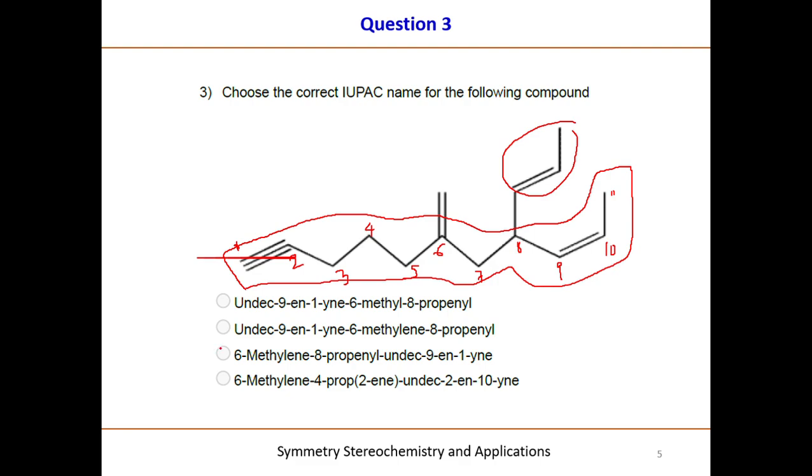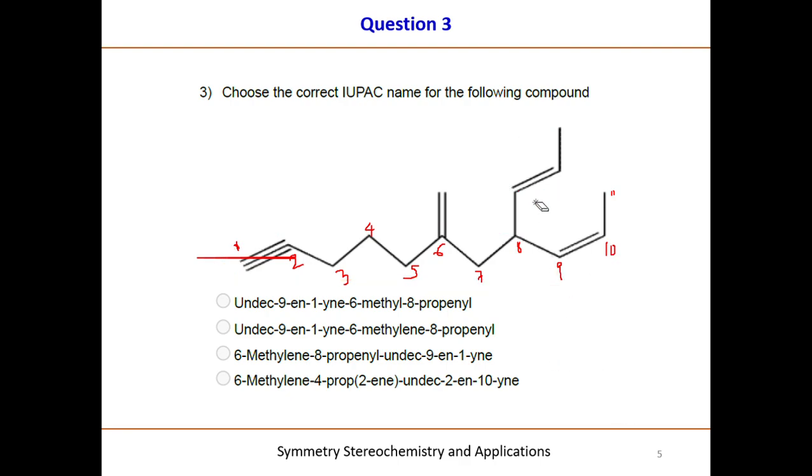So we will write the name undec, but before writing the parent chain name, we have to write the substituent names present on the parent chain. So which substituents are present on this parent chain? Anyone? You can see here at carbon number 6 we have this methylene group, right? And at carbon number 8 we have this propynyl group.